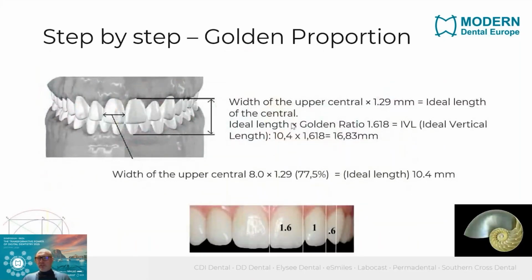So what are we using here as general guidelines? We are actually using the so-called golden proportion or golden ratio.